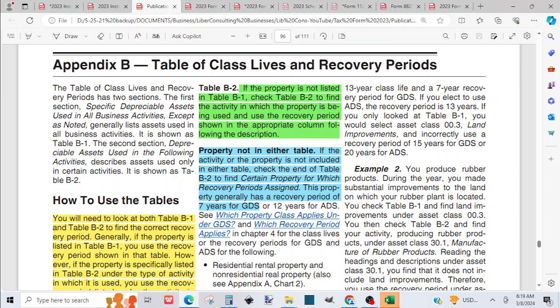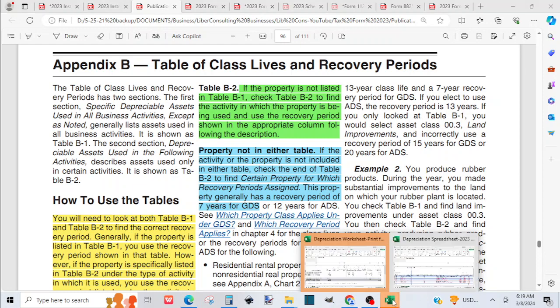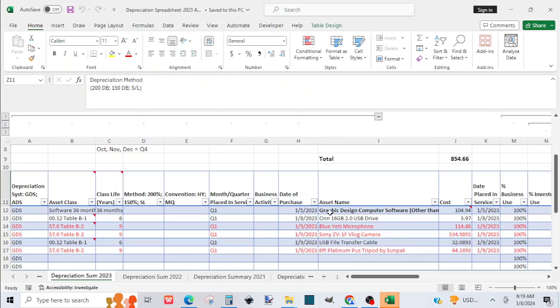But let's start. The first thing that we are going to use is not really applicable to those. So it's going to be graphic design computer software. It's considered other than section 197.